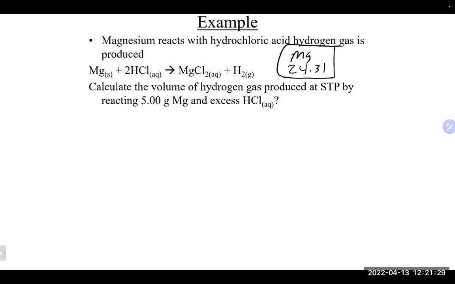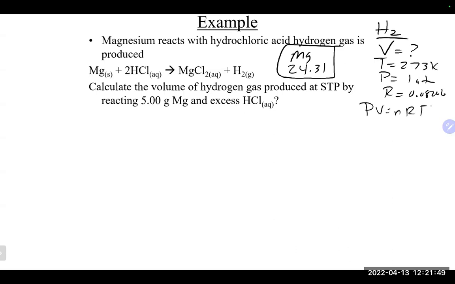In this case, we are looking for the volume of hydrogen gas, which obviously is a gas, at STP conditions. Again, that means that the temperature is 273 Kelvin, the pressure is 1 atmosphere. Remember, we always have R. If we look at the ideal gas law here, we have everything we need, except for the moles of the hydrogen gas.